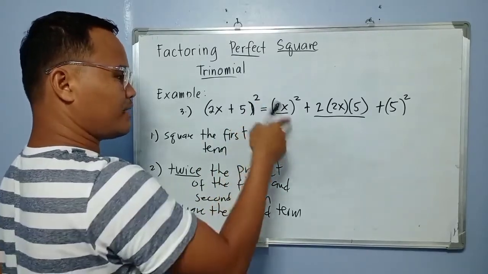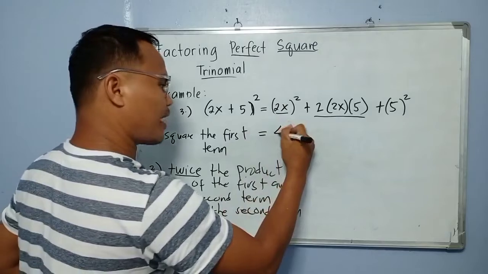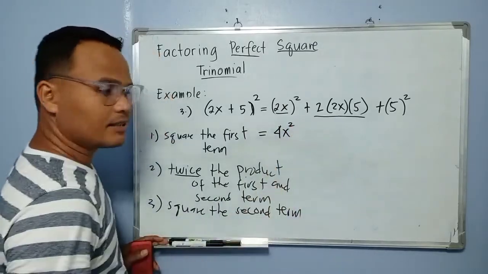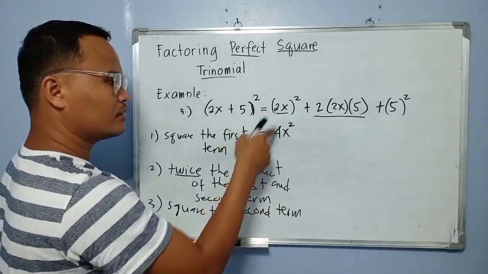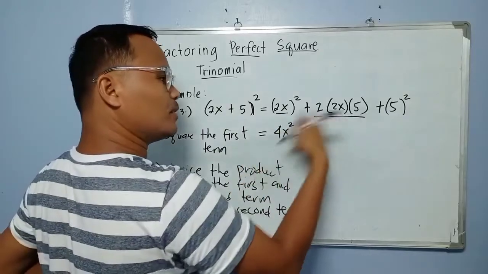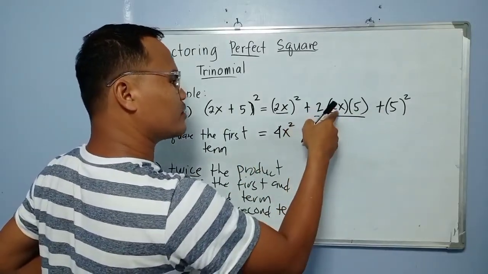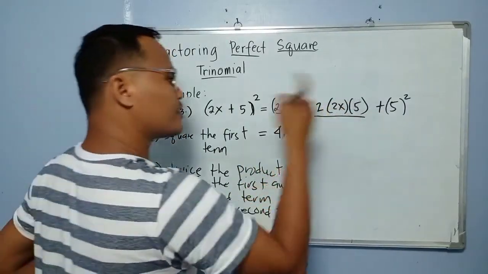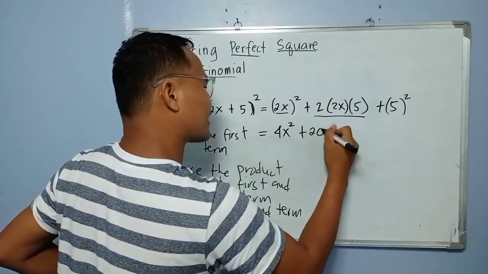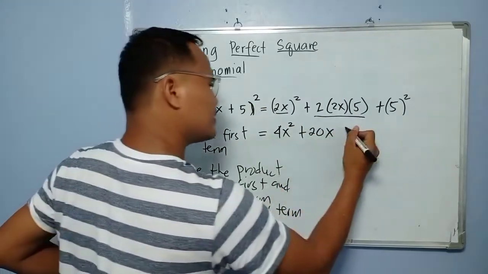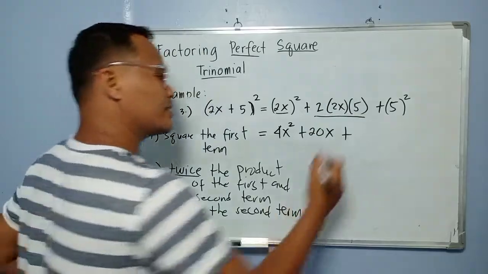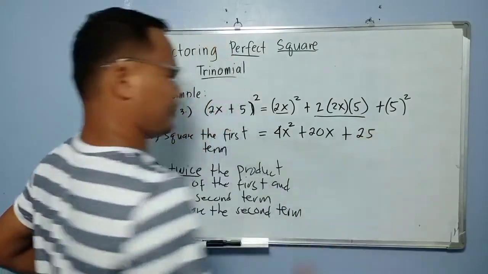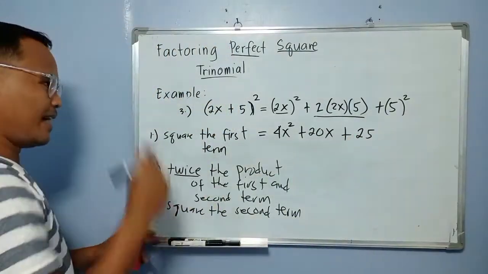2x quantity squared is 4x squared. 2 times 2 is 4, then x squared. Then multiply these three terms. 2 times 2x, that is 4x, times 5, that is 20x. Plus, square of 5 is 25. Okay.